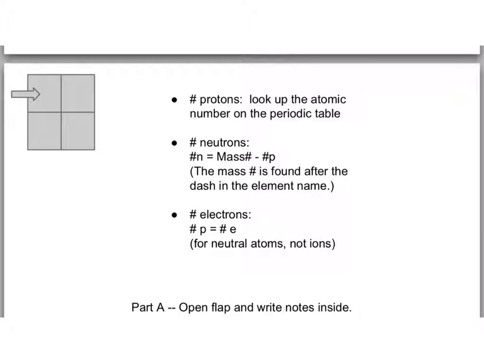Alright, the first flap was how to determine protons, neutrons, and electrons. We're writing in the upper left-hand corner. The number of protons is very easy to determine. You just look at the atomic number found on the periodic table. In our classroom, the atomic number is in blue, and it is the number that is not a decimal.